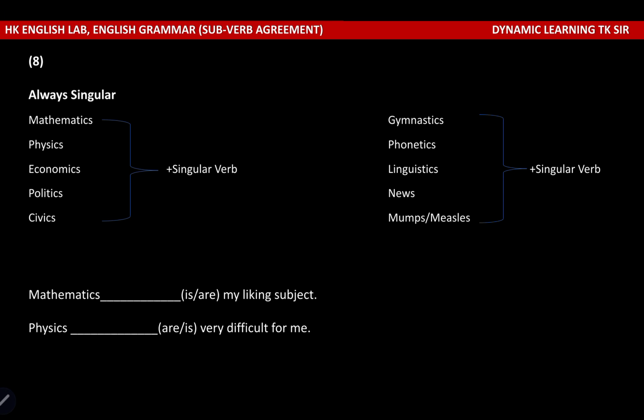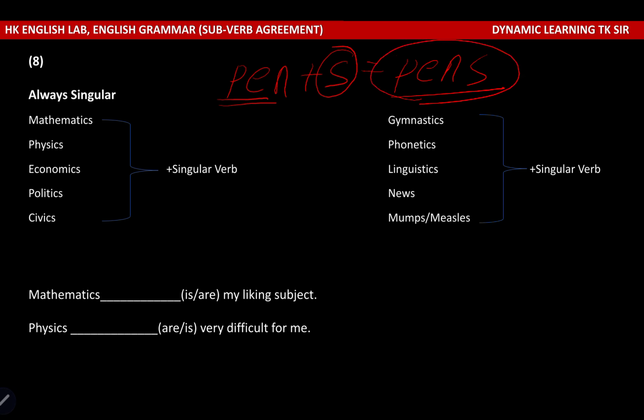Next, look here. Suppose I take one noun, pen, and if I add s, that will be pens. Pens is the plural noun. Pen is the singular noun. It means when I add s to this noun, it becomes plural. As simple as that, isn't it? But here I have taken some nouns that have s at the end of each word. Look here, mathematics, it has s.